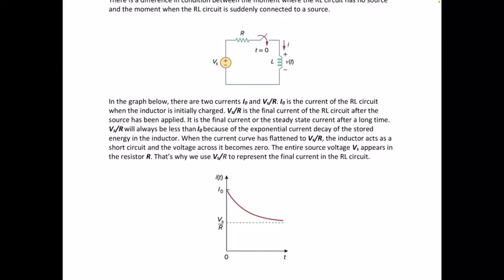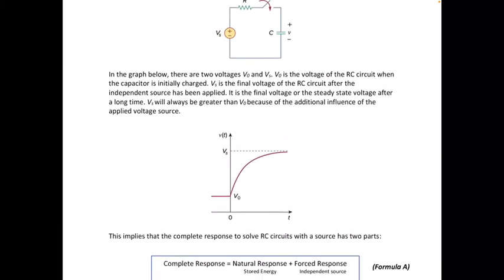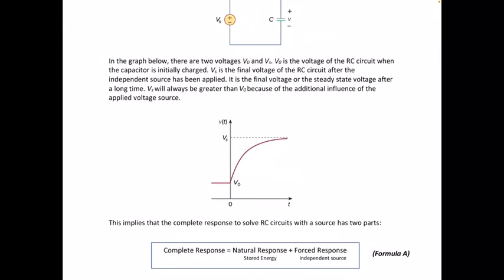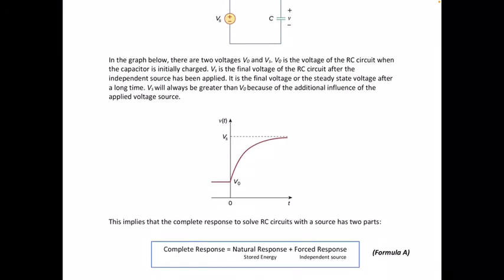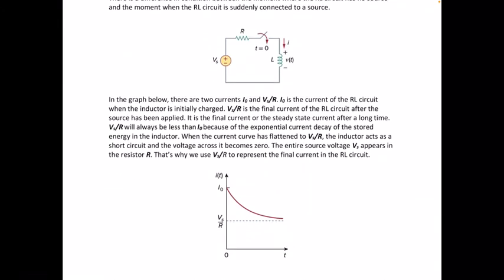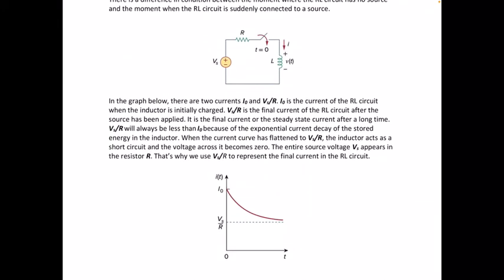They are quite opposite to the RC circuit with a source, because in the RC circuit case, the voltage source supplements the voltage of the circuit, which increases the magnitude of the final voltage Vs. While in this case, the final current is less than I sub 0, or the initial current.